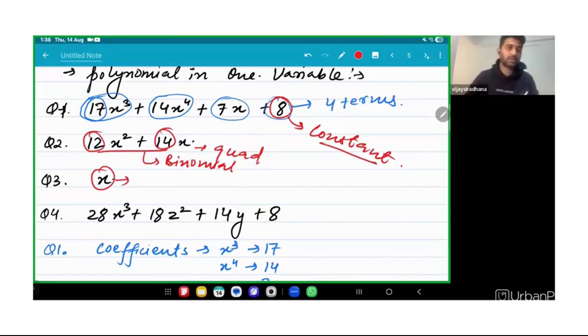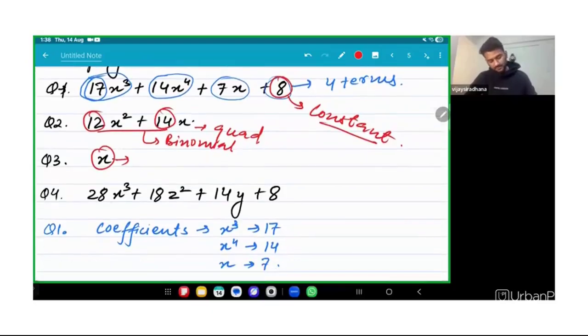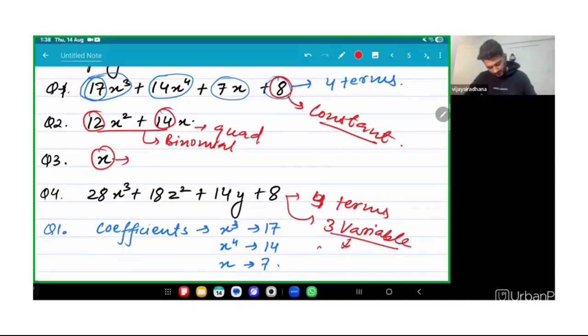There are 2 terms. This is only one term. And this one has 3 terms, or there are 4 terms. And how many variables are there? There are 3 variables: x, y, and z. Now I hope with this session, you might get each and everything.